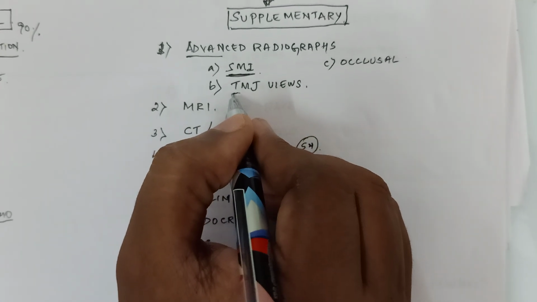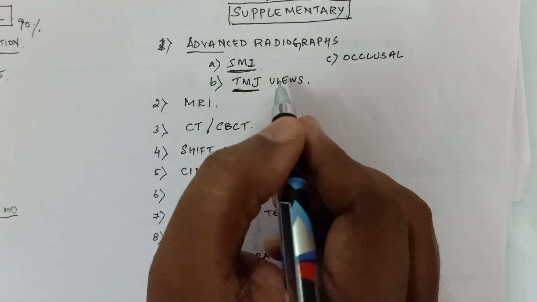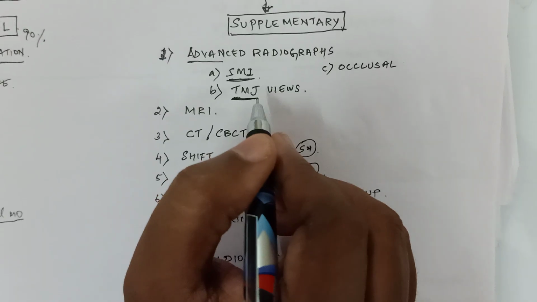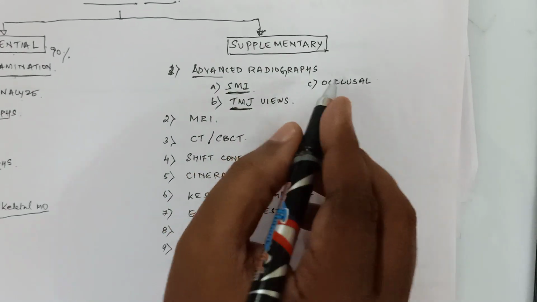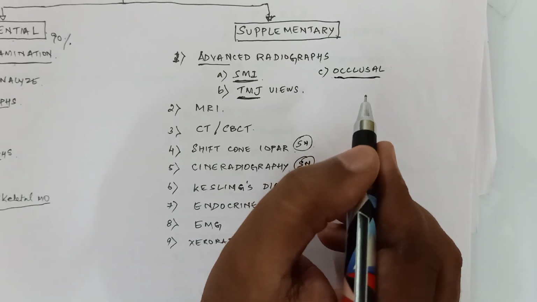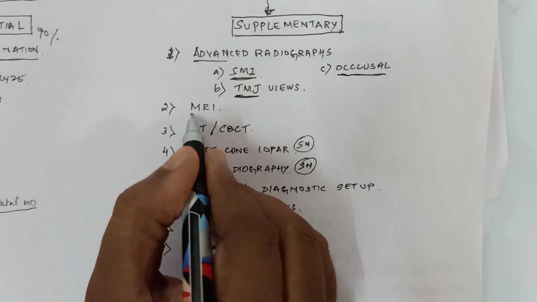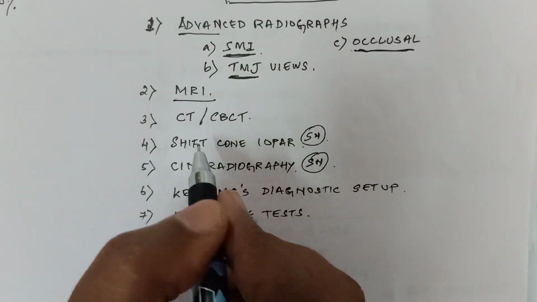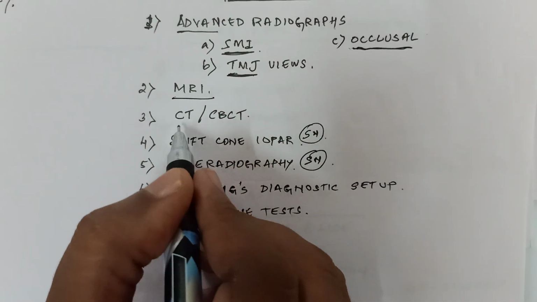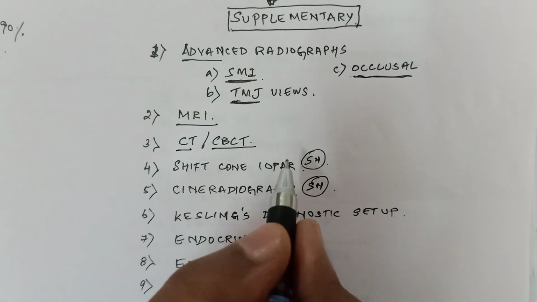Then, if the patient has TMJ symptoms, we have to go for different TMJ views: transorbital, transpharyngeal, lateral, etc. Then you have the occlusal radiograph, that is maxillary occlusal view, mandibular occlusal view, especially if there is any impacted tooth. Then MRI, all of you know what is MRI, magnetic resonance imaging. Then you have computed tomography or cone beam computed tomography.